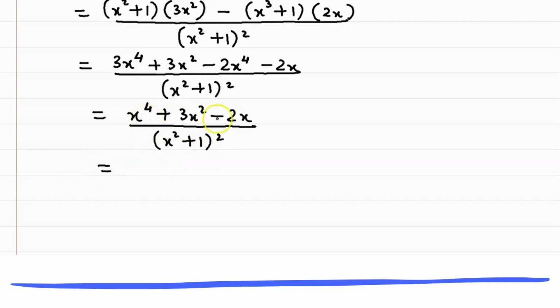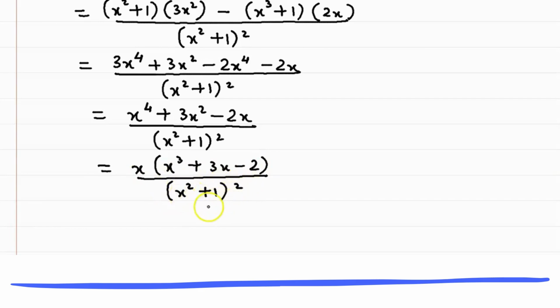Now taking x as the common factor in the numerator, we have x times x cube plus 3x minus 2 divided by x square plus 1 the whole square. So this is the value for dy by dx.